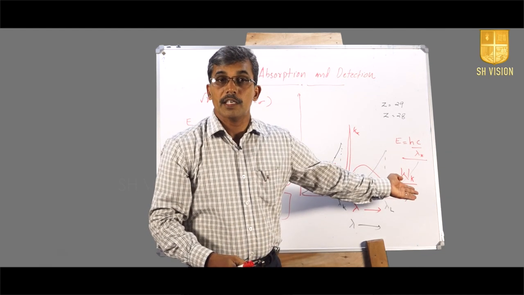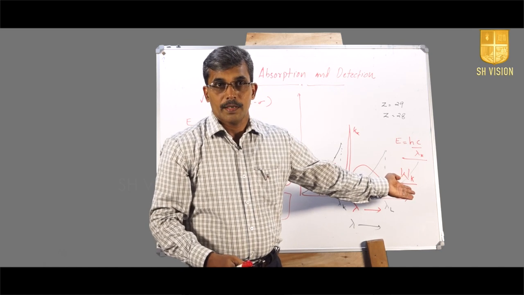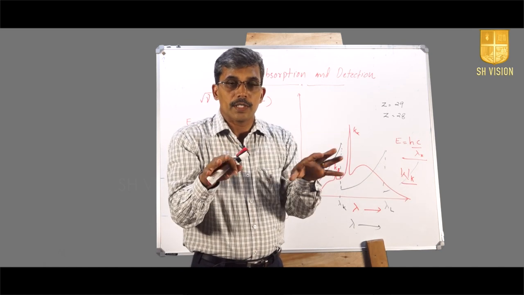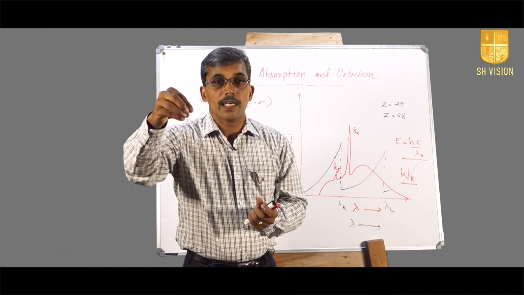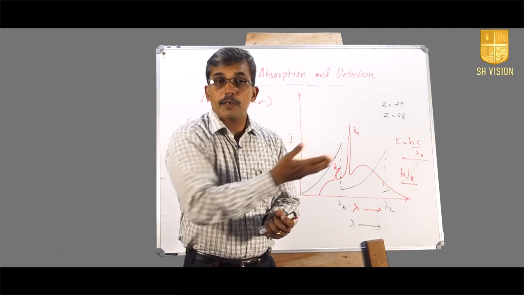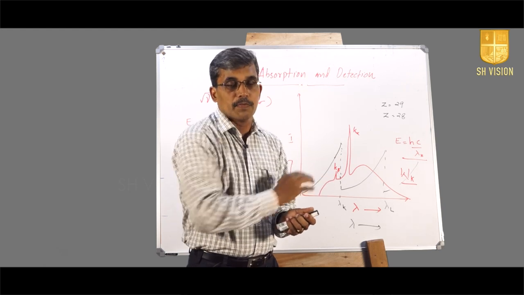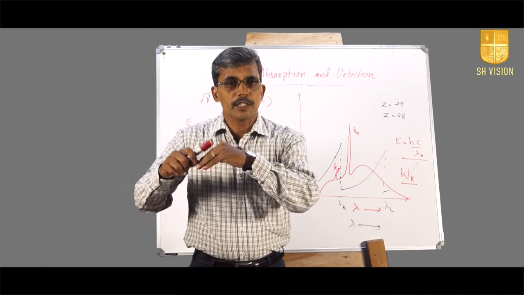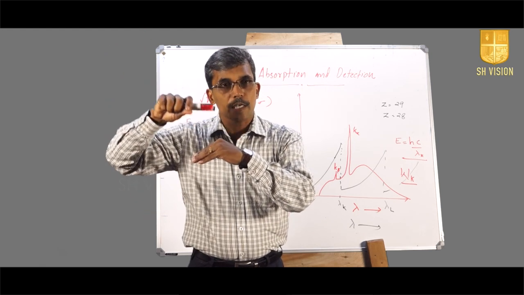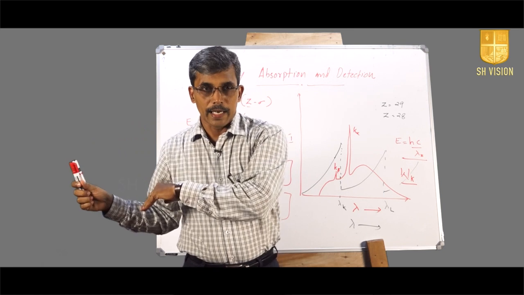Sometimes it may be possible even with ultraviolet light. But if ultraviolet light is used, the ultraviolet light energy may be sufficient to pull out an electron from the L or M shell, but may not be possible with K. If an electron from the L shell is removed, the possibility is only that an M orbit electron can fall into that, and you may be getting L alpha.